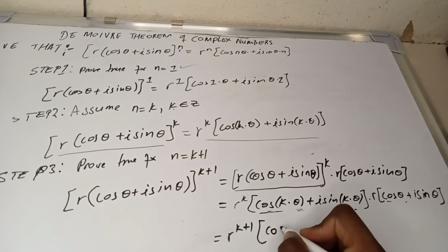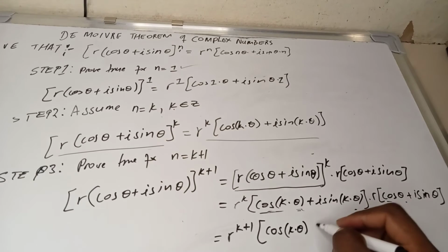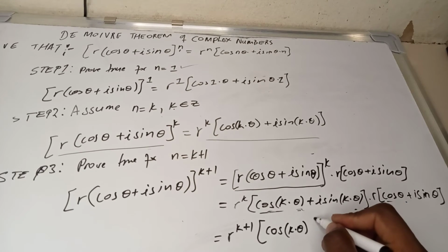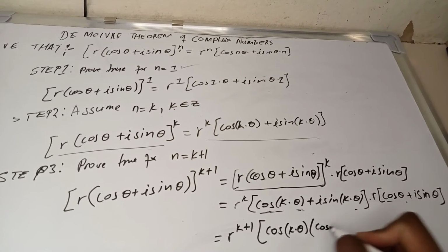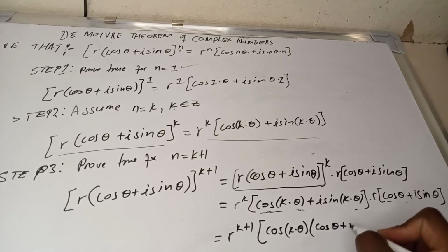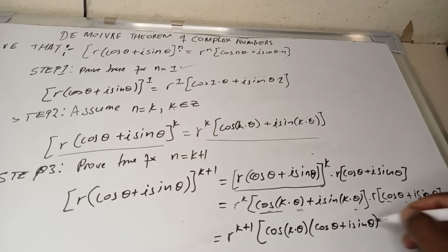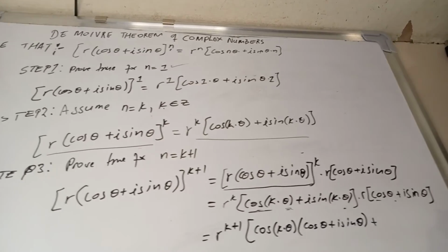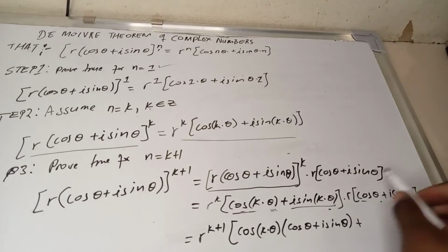What I'm saying is that cos of k theta will multiply all this here, that cos theta plus i sin theta, plus, then this guy will multiply all these two.